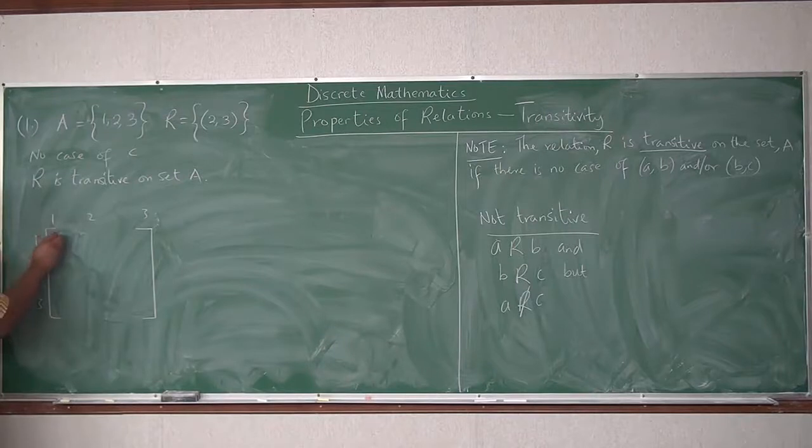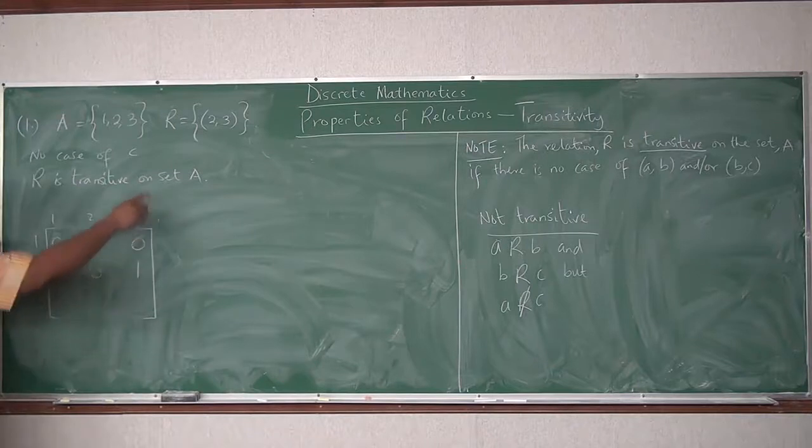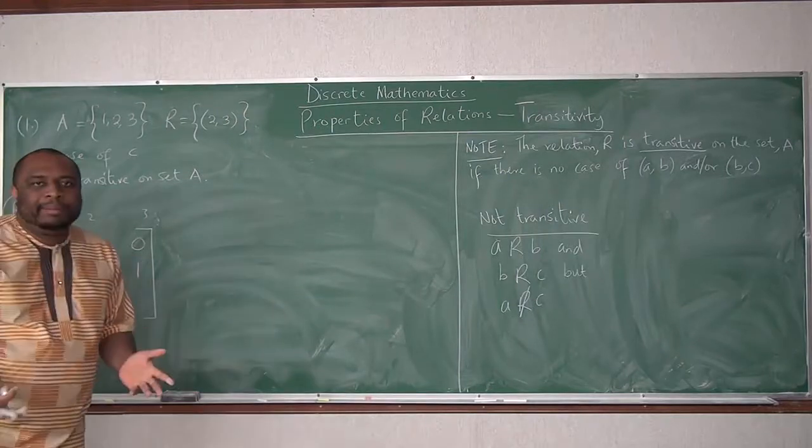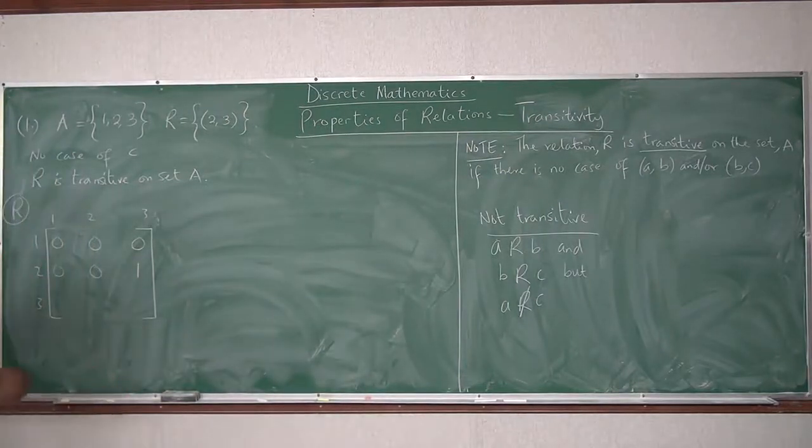So (1, 1) we don't have it, I put 0. (1, 2) we don't have it. (1, 3) we don't have it. (2, 1) we don't have it. (2, 2) no. (2, 3) is what we have in the relation. Okay, I'm representing this relation as a 0, 1 matrix. So (2, 3) is the only thing we have. (3, 1) no. (3, 2) no. (3, 3) no. So this is the relation here.